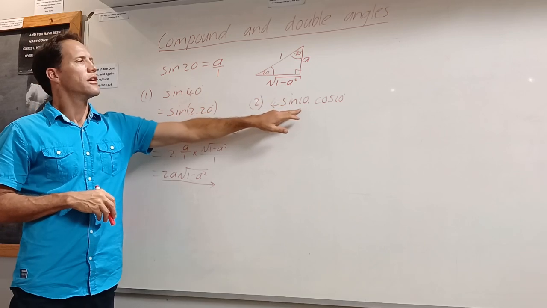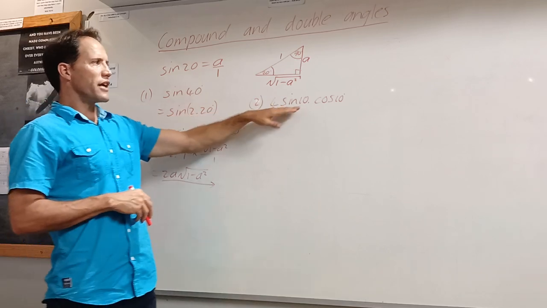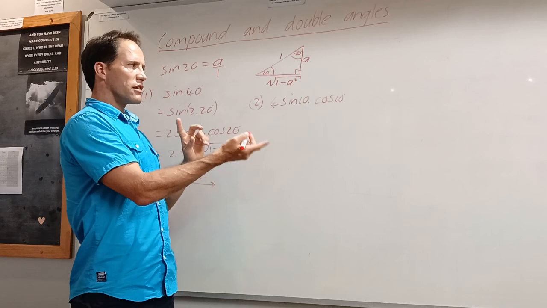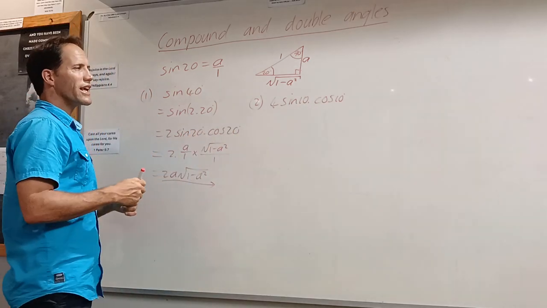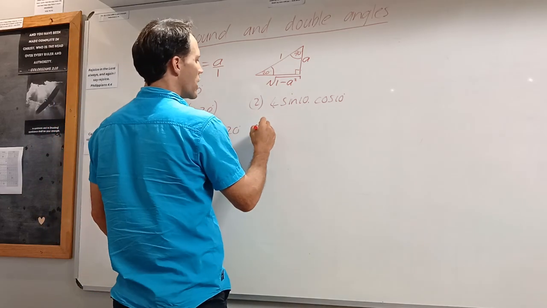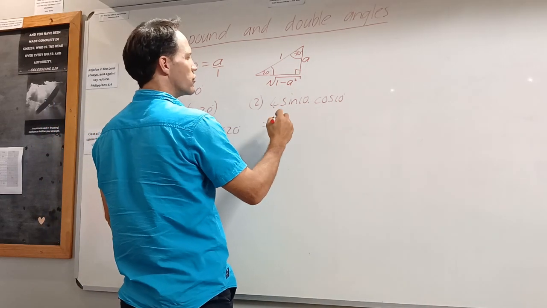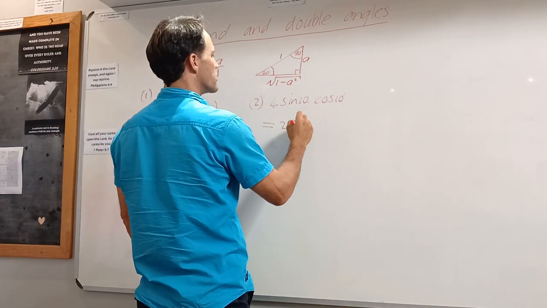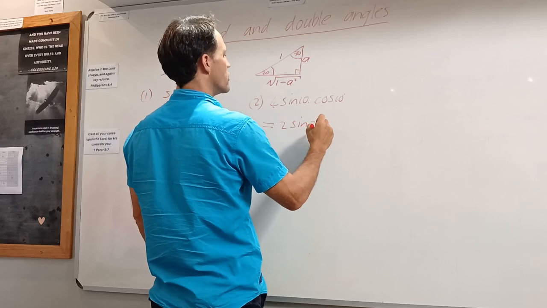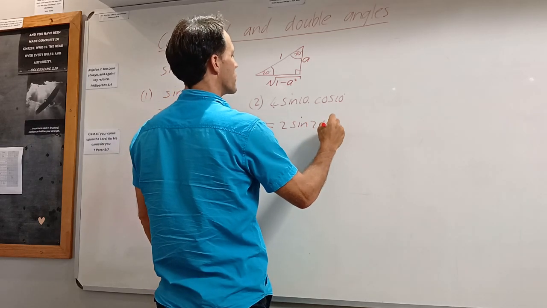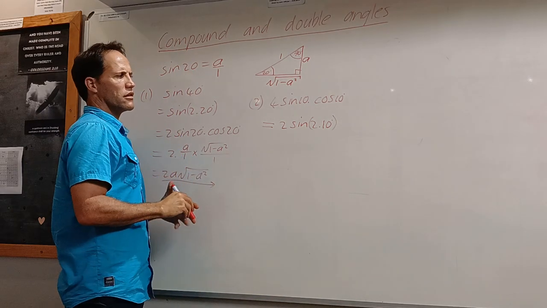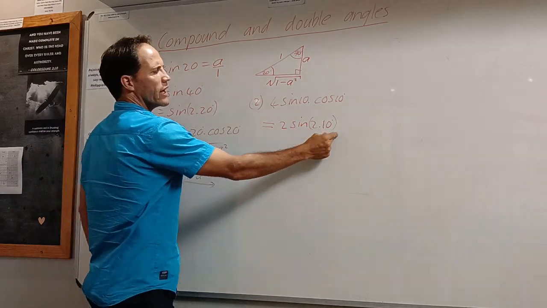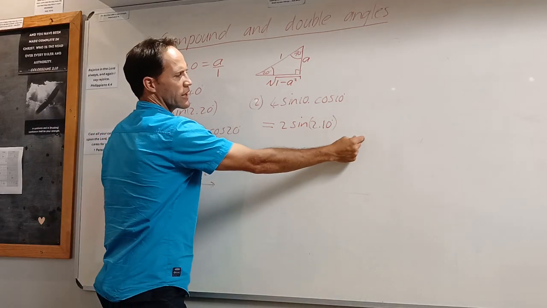But if I think of sine x cos x, it kind of looks like a double angle. So what I can do is I can say, what if I take 2 inside, so it's 2 sine 2 times 10? Can't I do that? Let's see. Sine 2x becomes 2 sine x cos x.